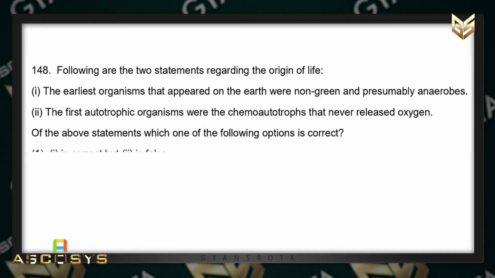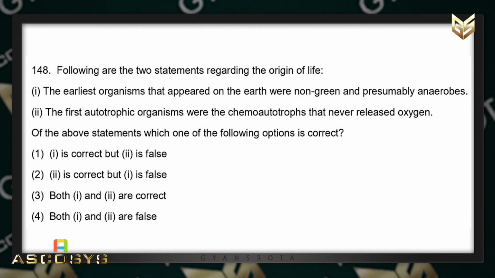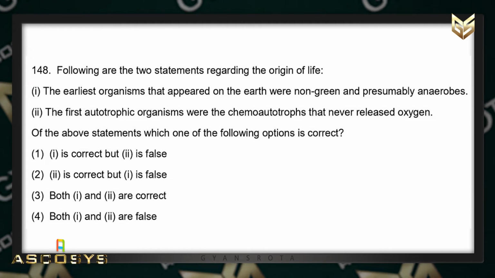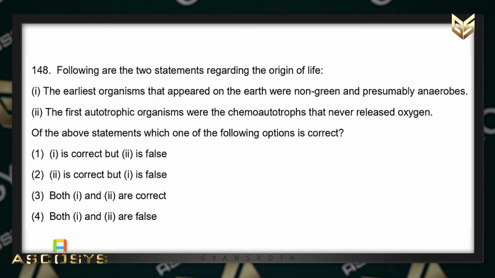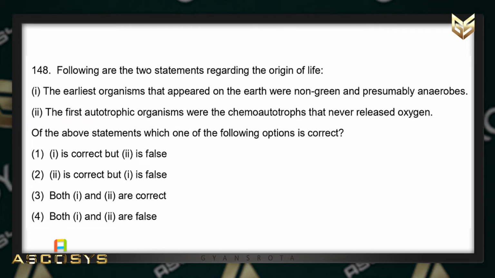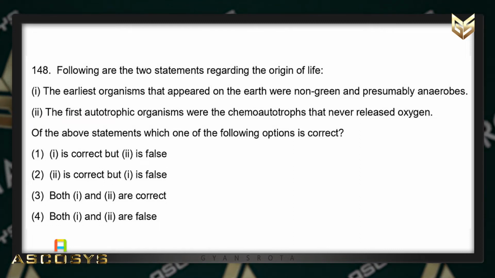Following are the two statements regarding the origin of life. First statement is the earliest organism that appeared on the earth was non-green and pre-assembly anaerobes. Second statement is the first autotrophic organisms were the chemoautotrophs that never released oxygen. Of the above statements, which one of the following options is correct?